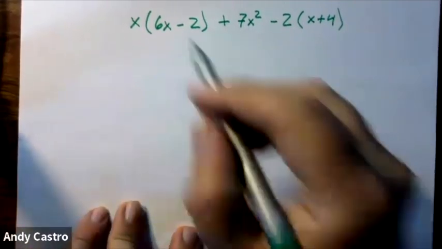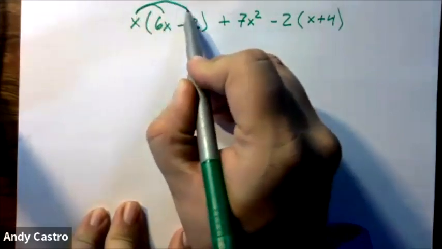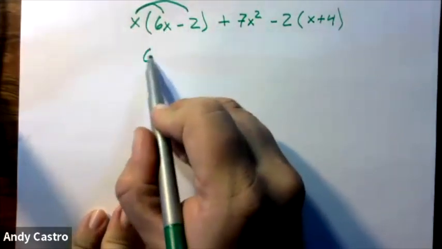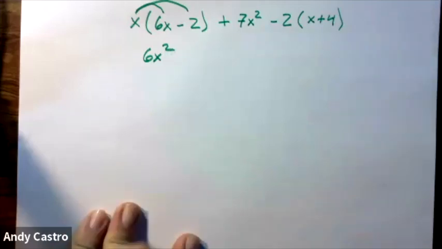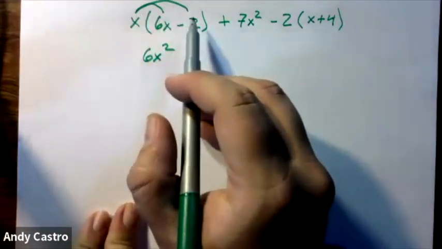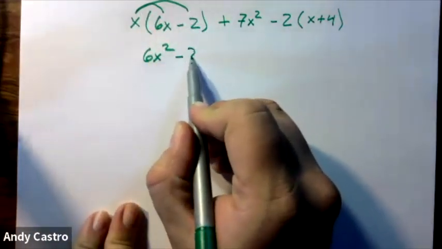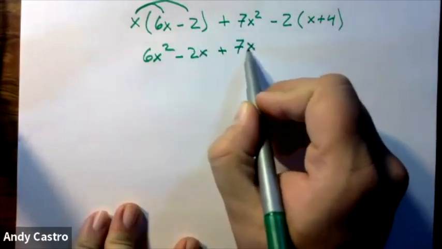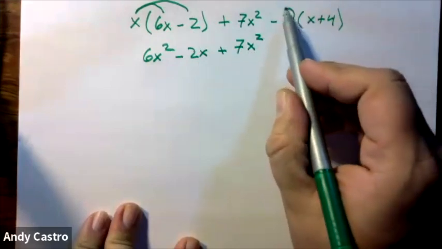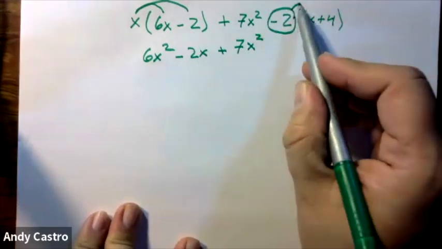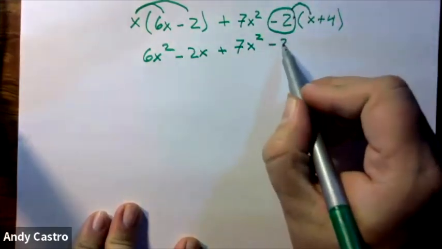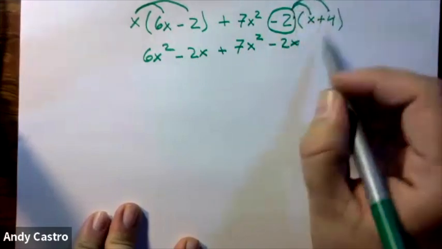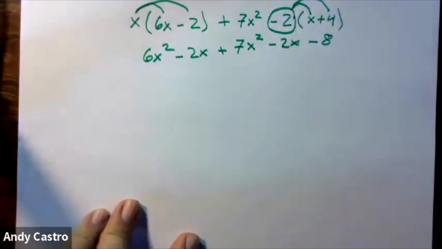All right. So, if I bring this x in, x times 6x is 6x squared. X times -2 is minus 2x, plus 7x squared. Now here I've got a minus 2x there, minus 8.